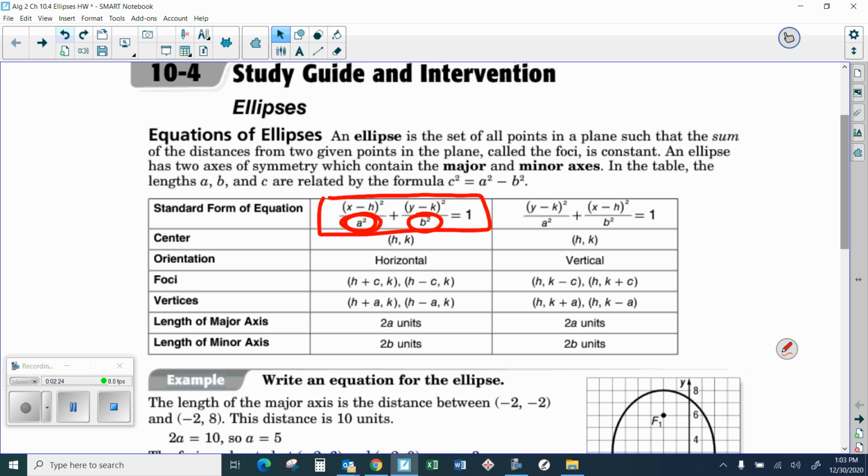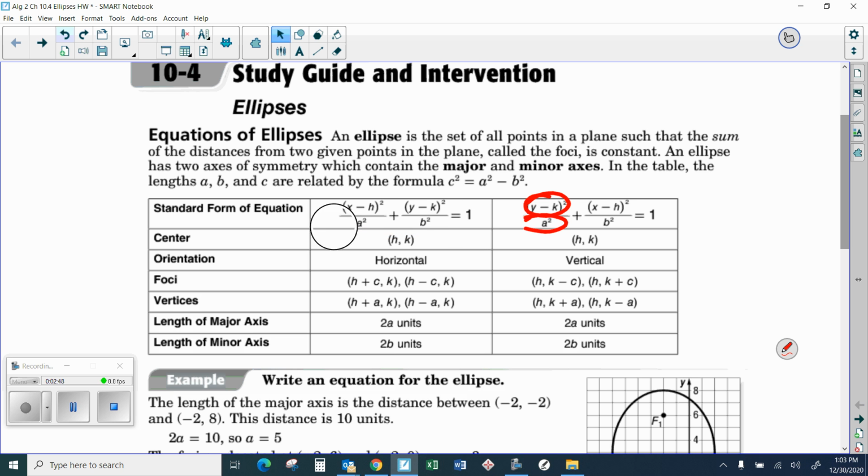That's going to be the first one, and the smaller one is going to be the second one if you put it in this order. So notice even when I switch the order, what was the larger number of a squared and b squared was a squared. Whatever that number was, that's under y in this case. So we switch and we put y first. In this case, x had the larger number at the bottom, so x goes first.